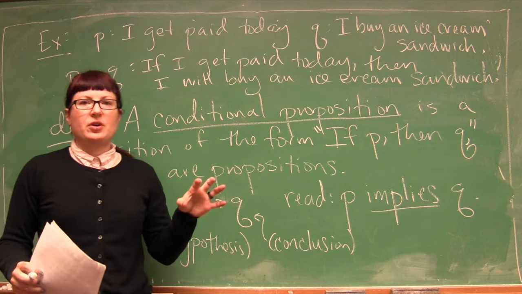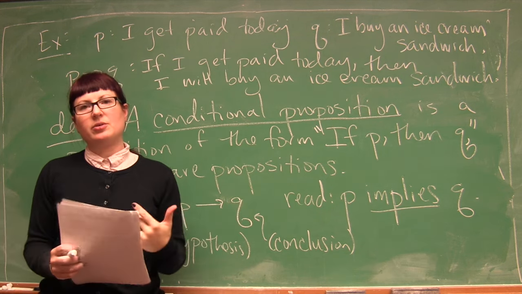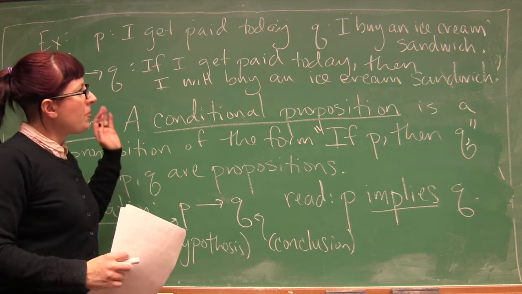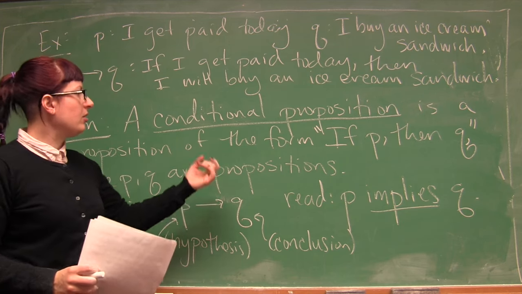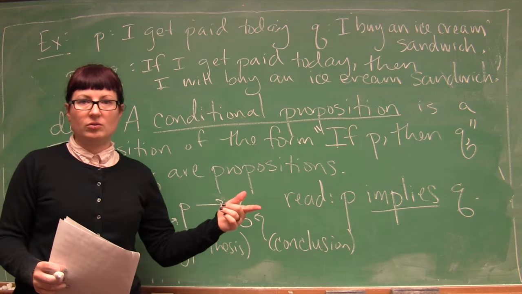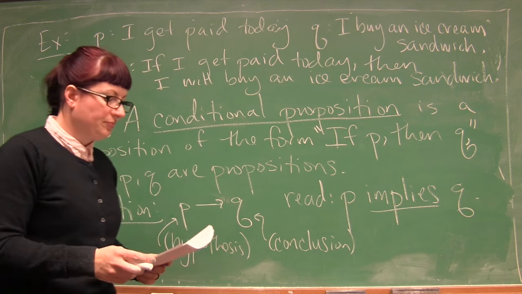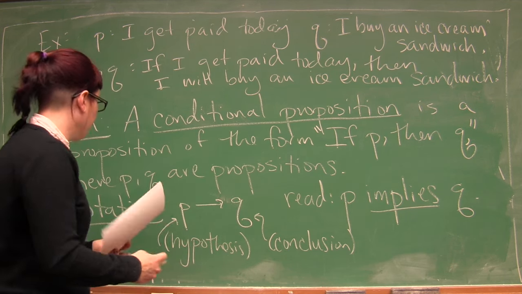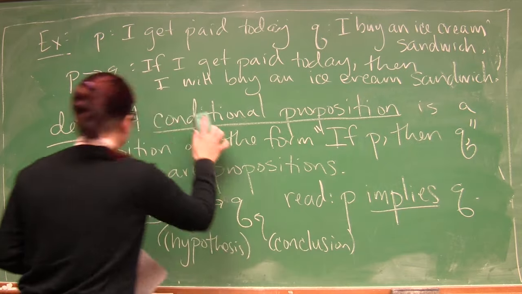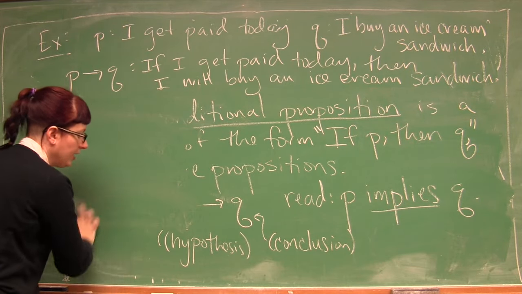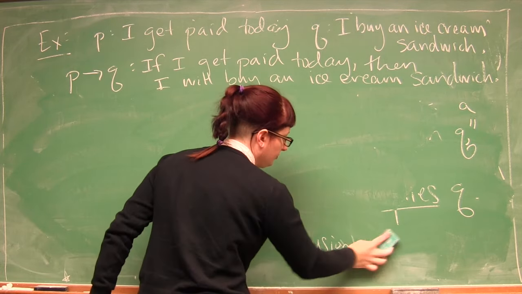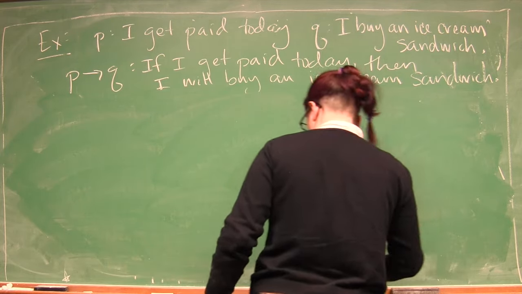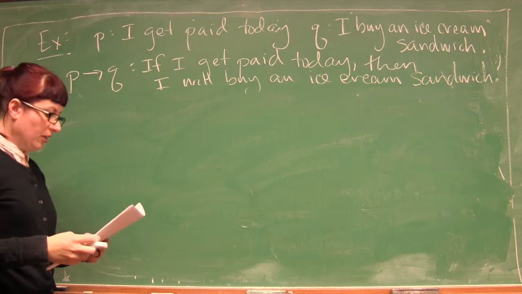So, like our previous examples of combining propositions to make new propositions, the truth value of a conditional proposition will depend on the individual truth values of P and Q. In particular, the truth table, which defines the truth values, is exactly the following.